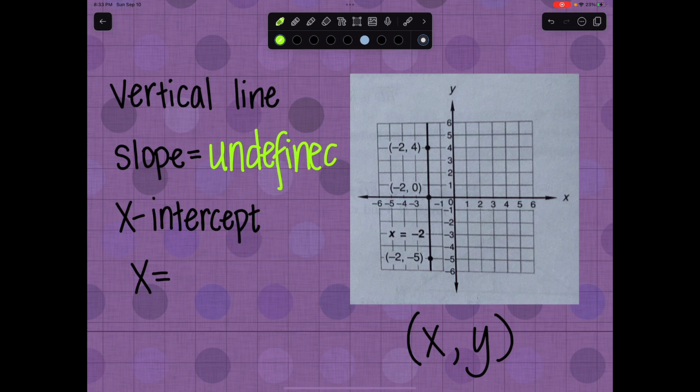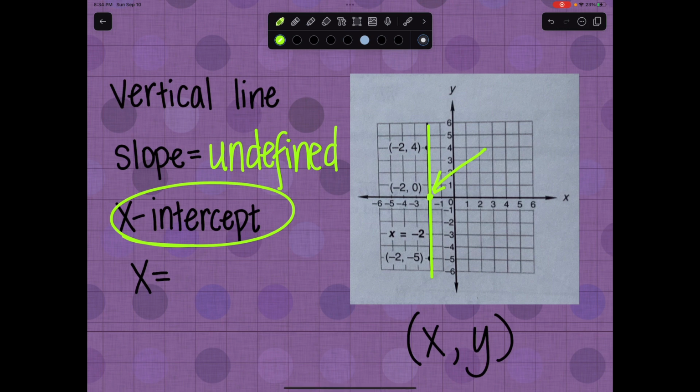Undefined, so it's not 0, it's undefined. It's just straight up and down. This type of line never crosses the y-axis, unless it's directly over it. But it does cross the x-axis, and it crosses it at one particular point, and that's going to be the x-intercept. In this situation, it happens to be -2, 0, right there.